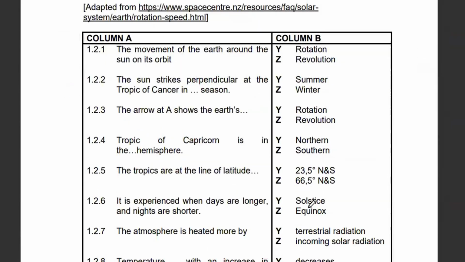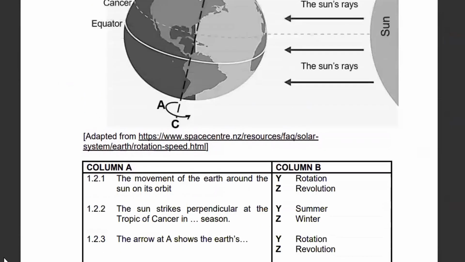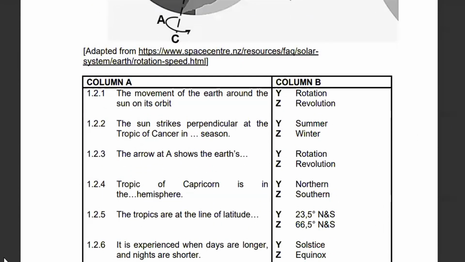Right, moving on to question number 2, which is showing the situation of rotation and revolution of the Earth and also the situation of the equinoxes and the solstices. Right, the movement of the Earth around the Sun on its orbit around the Sun, that is revolution. The Earth rotates in 24 hours.